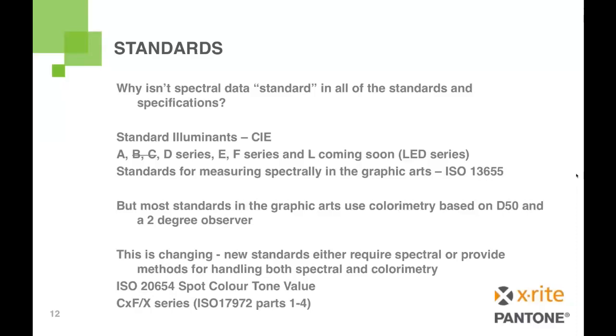So that spot color tone value, that's one of those things that now gives us the ability to look at spot colors and really quantify tones of them in a way that requires either, I think it should only require spectral, but we give the ability to bridge that with the colorimetry calculations as well.